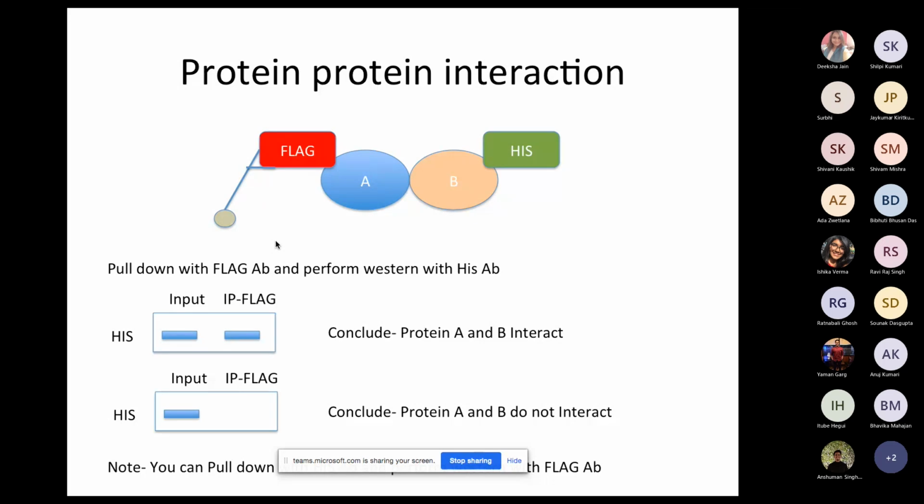Now I want to pull down my flag tagged A protein with the idea that if my A and B proteins are interacting, then by pulling down through the flag tag I will also pull down my B protein, right? So what I do is I use beads which have some tag which can pull down the flag tag.